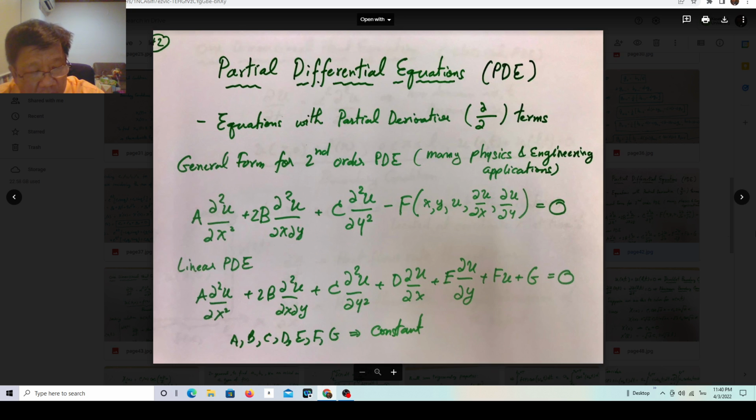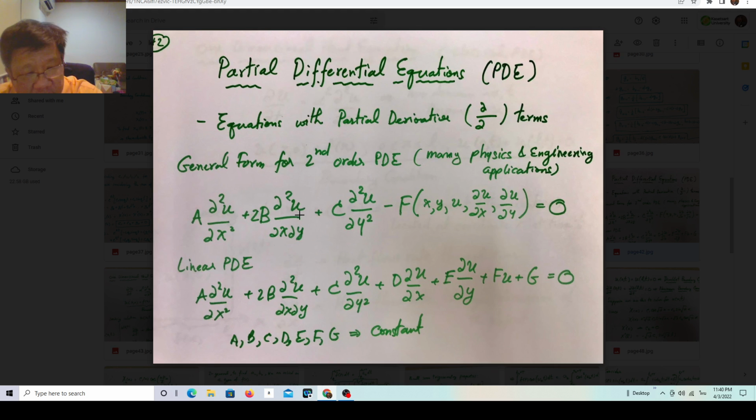Here we have a constant a times the second partial derivative of the function u with respect to x, plus 2 times b, another constant, times the second partial derivative of u with respect to x and y. Certainly u depends on both domains x and y.